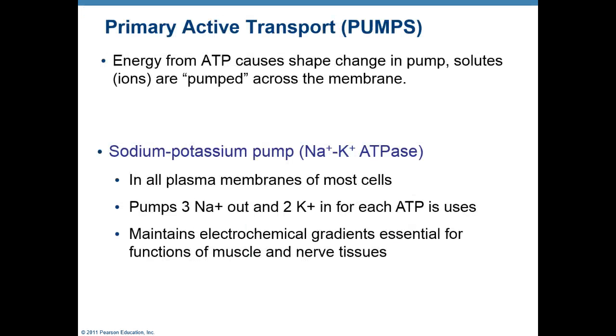So the next kind of active transport is called primary active transport. This is pumps. Pumps are little proteins that burn ATP and shuttle stuff across the cell. So just like a sump pump can pump water out of your basement, or the fuel pump in your car can pump fuel towards the engine.